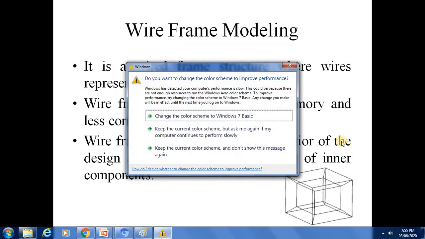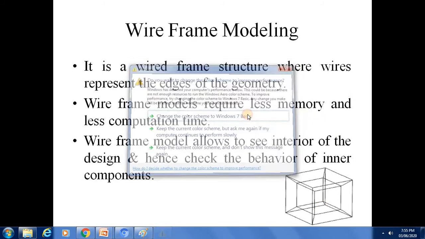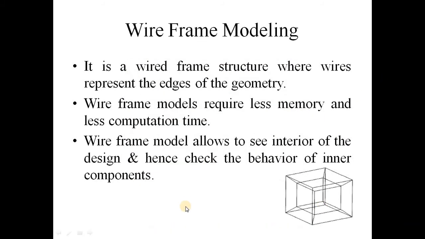Wireframe model allows to see interior of a design and hence check the behavior of inner components. So wireframe model allows us to see the interior structure of the object. So there are no hidden features in the wireframe model.